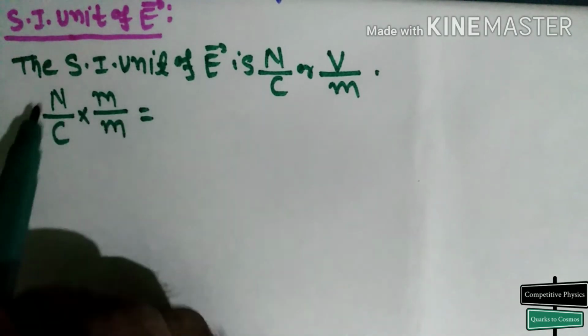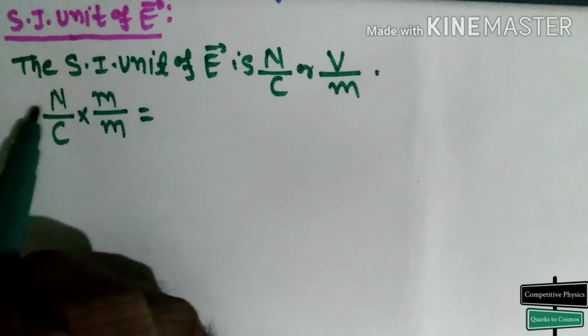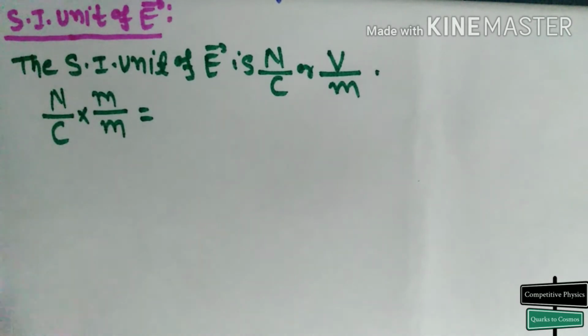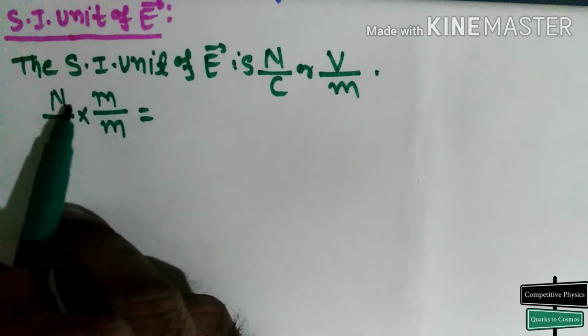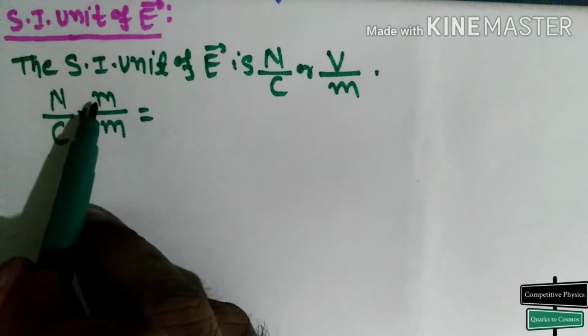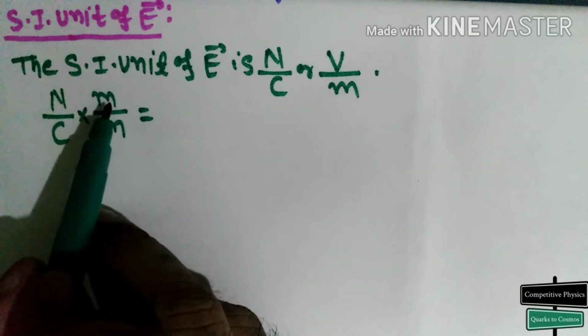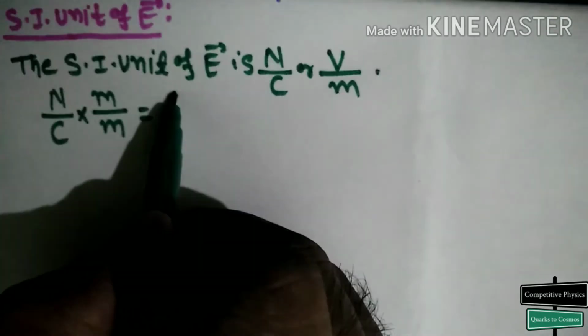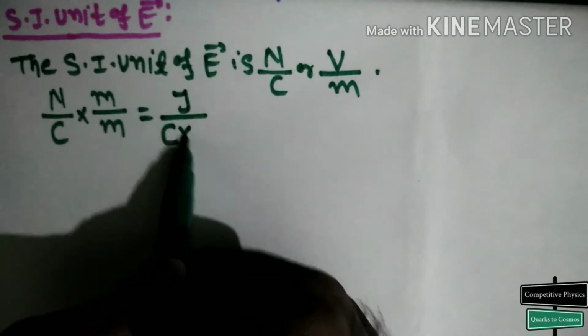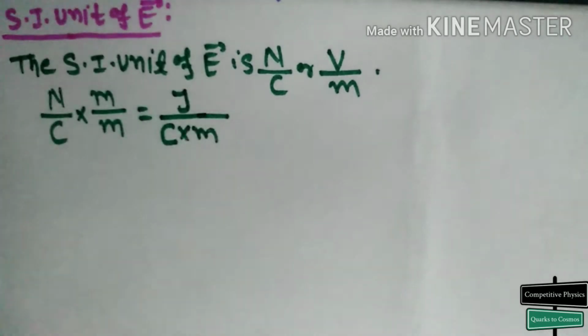So what is this quantity, Newton into meter? Just try to think. This is nothing but the SI unit of work. Newton meter is joule, so this will become joule per coulomb into meter.